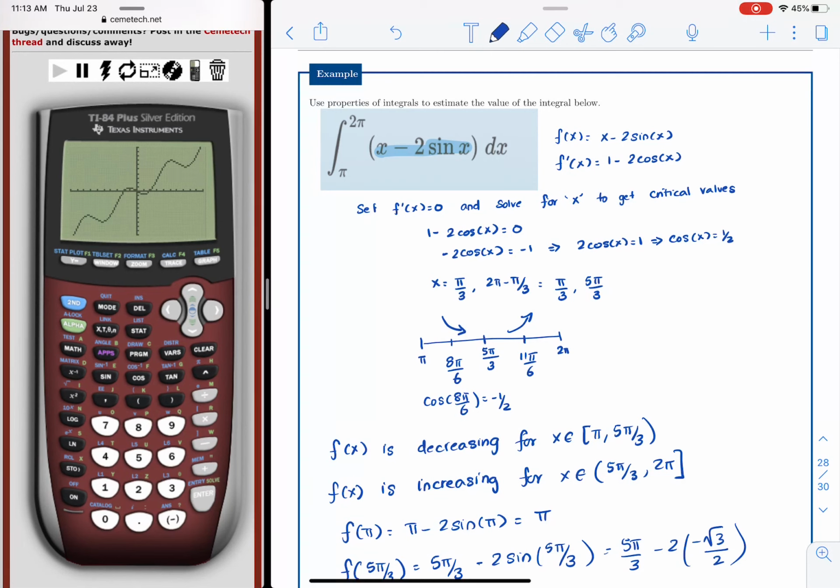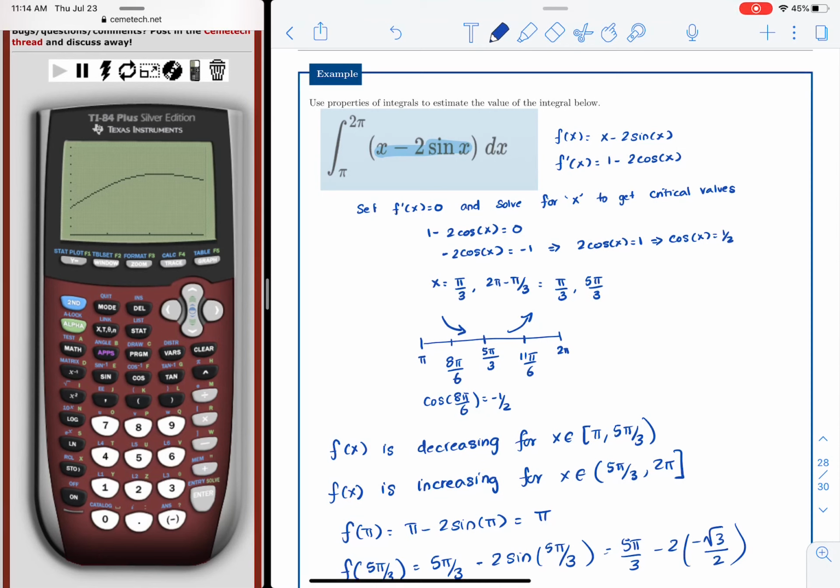And if I adjust the window from pi to 2 pi, it seems to be increasing.